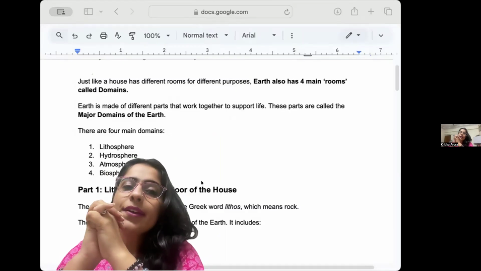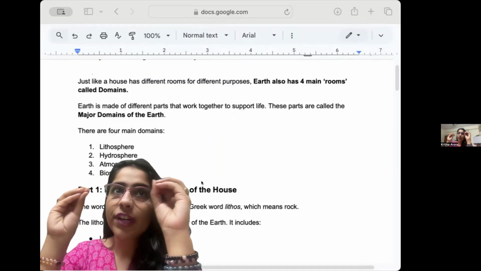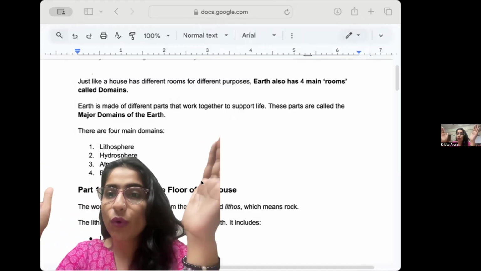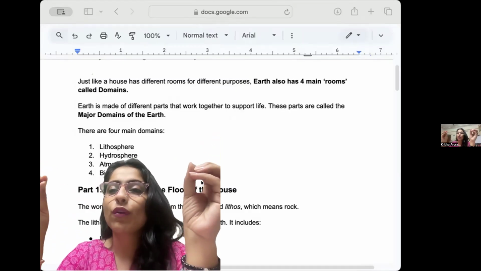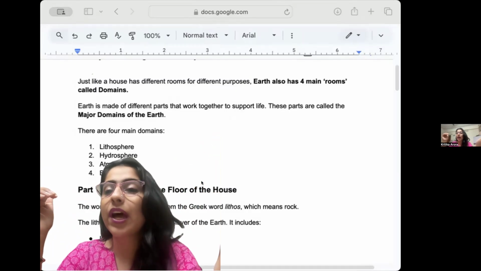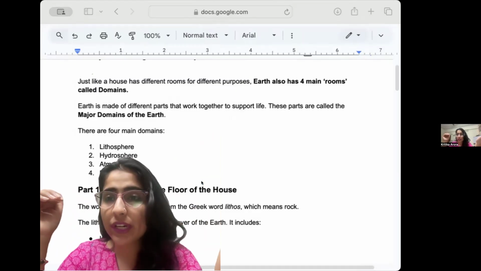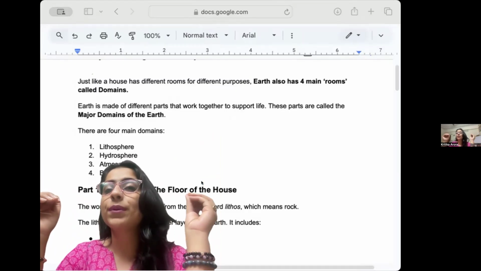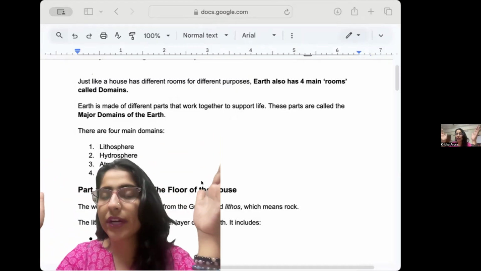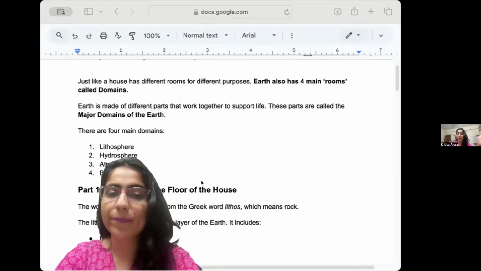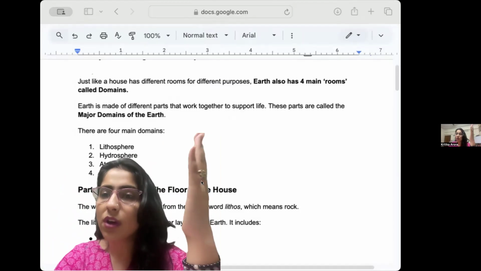During the entire lecture, just try to focus on what kind of real life application or example I am giving to you. For example, here I gave you a big house that you consider Earth to be, and all the domains are its four rooms.